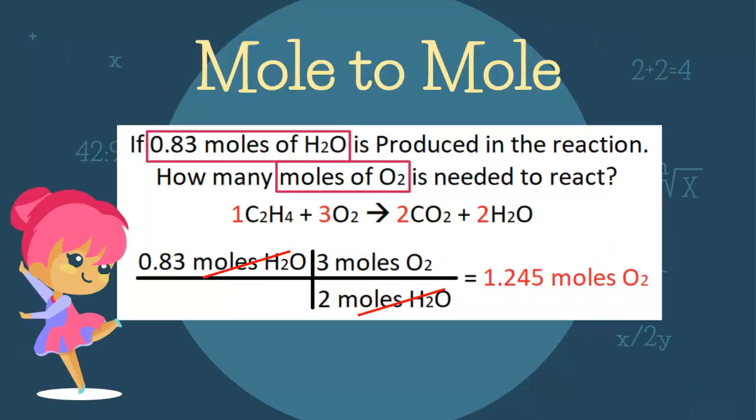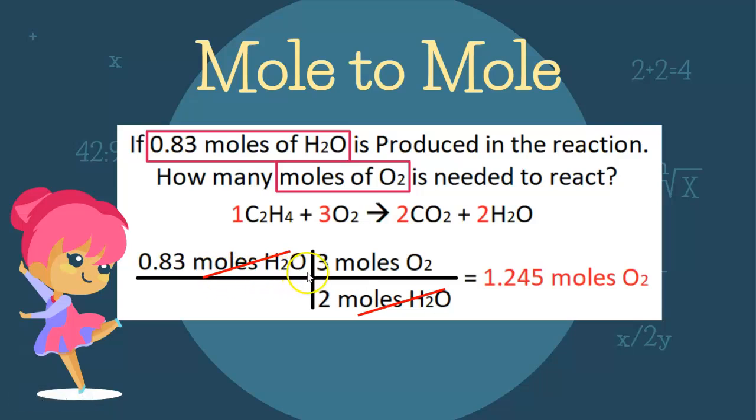When we're trying to do mole-to-mole stoichiometry, we always start with our problem. So what do we know and what do we want? For this problem, we know that we have 0.83 moles of H2O. We want how many moles of O2. We have a balanced equation, so all we have to do is plug it into our dimensional analysis. We start with our know, so start with the 0.83 moles of H2O.